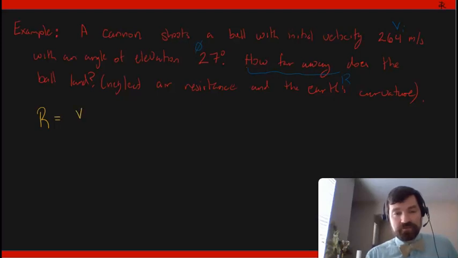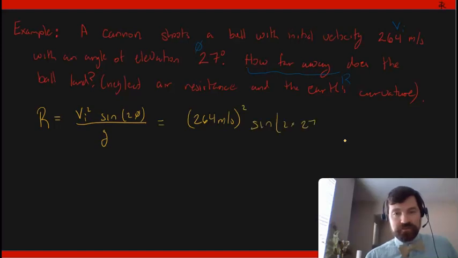So R should look like v initial squared sine of 2 phi, or initial angle, over g. So that is 264 meters per second, quantity squared, times the sine of 2 times 27 degrees. Make sure your calculator's in degree mode, of course. Divided by 9.8 meters per second squared.